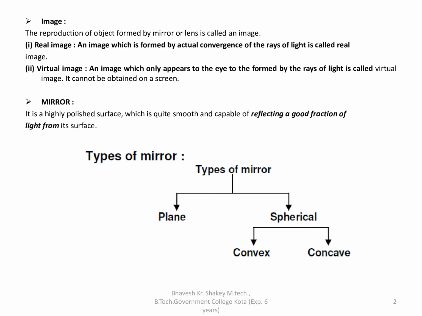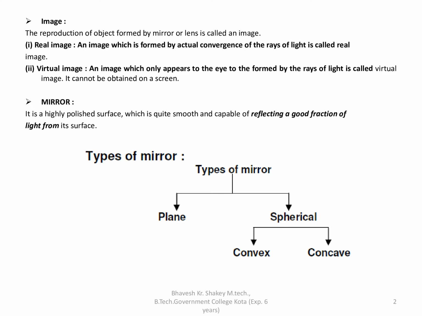Now what is a virtual image? When the rays coming out after reflection from a mirror or refraction by a lens seem to meet or cut each other at some point, then we can say that the image is a virtual image.